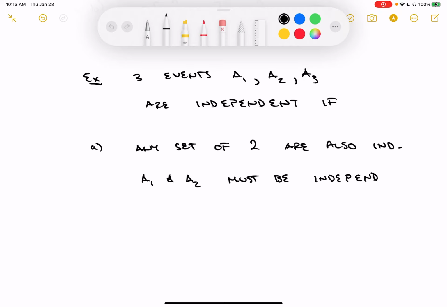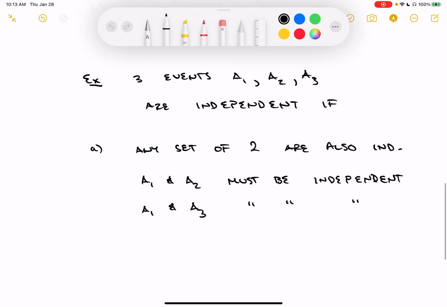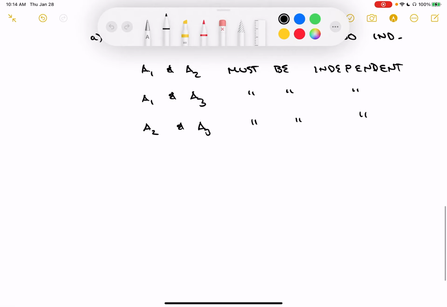I'm writing this out just to be complete. So A1 and A2 have to be independent. A1 and A3 must be independent, and A2 and A3 must be independent. So how could we show that?